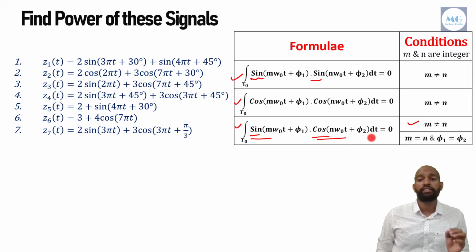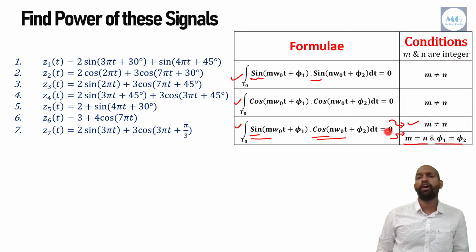For all these, m and n should be integers. But for this third formula, we have one more condition. What is that condition? If m is equal to n, phi 1 should also be equal to phi 2. That is, if m is equal to n, phi 1 must be equal to phi 2. So for this formula, there are two conditions.